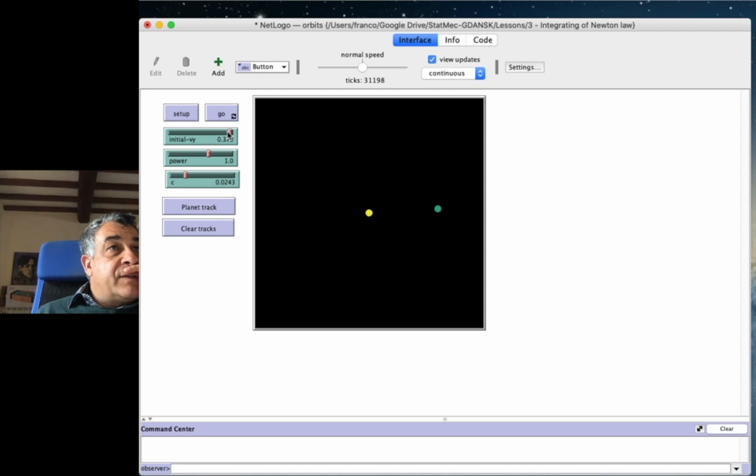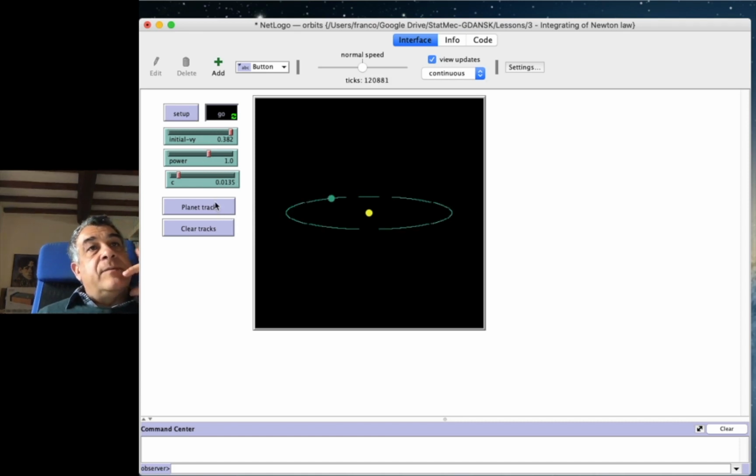Maybe I should increase more the initial velocity, and maybe reduce a bit this in order to have some ellipse. And so again, this is a closed ellipse.